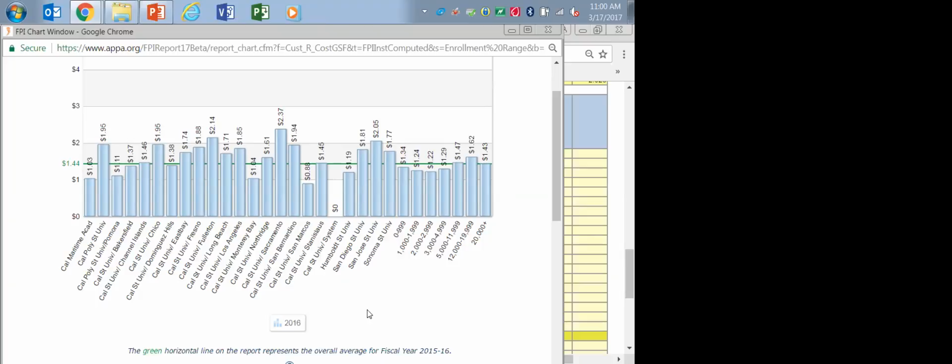So 52 cents times their gross square footage of 1.5 million square feet. So if anybody's got a pencil, 1.5 million square feet times 50 cents is $750,000.